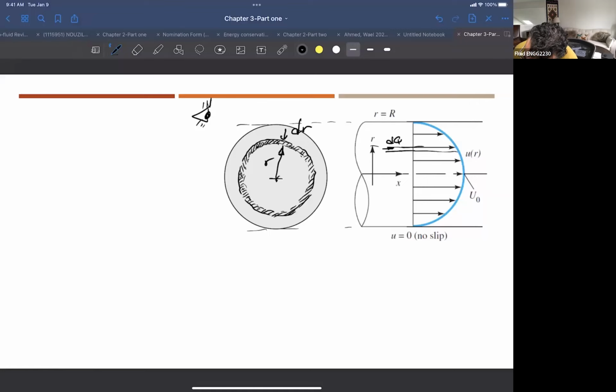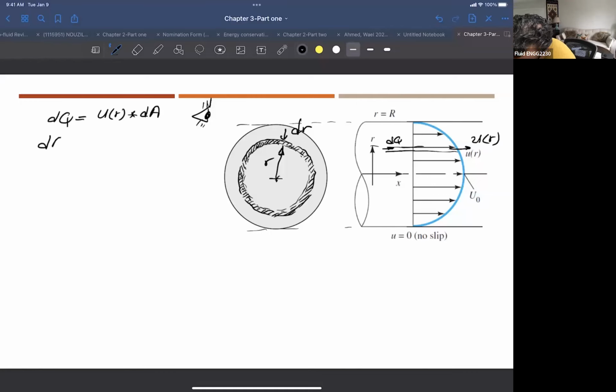When you have a differential element here, this is the area. So dr here, and the velocity here is u of r. So if I need to find dq, you agree with me that it is the area times the velocity. So the velocity is u as a function of r, times the area, but the area here is dA, a small little differential area.